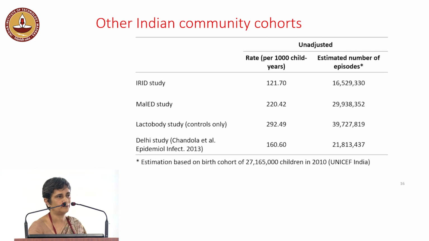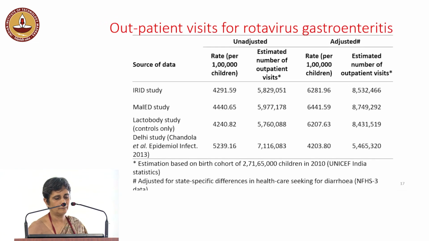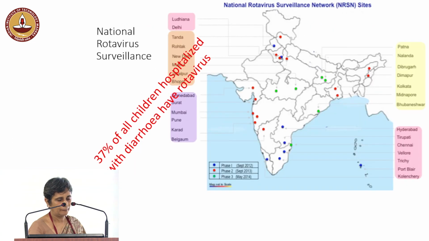So quite a lot of variability in the amount of infection. The variability got a little less when we looked at outpatient visits for rotavirus gastroenteritis across all of these cohorts, because here we went from about 5 million to almost 9 million.